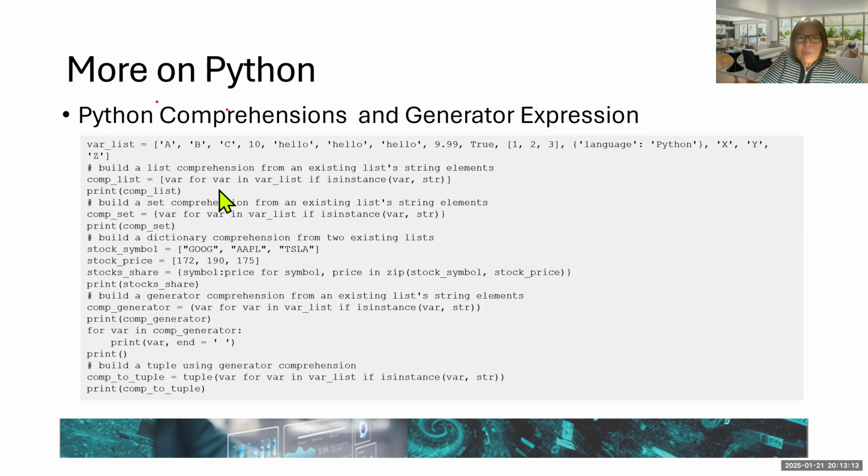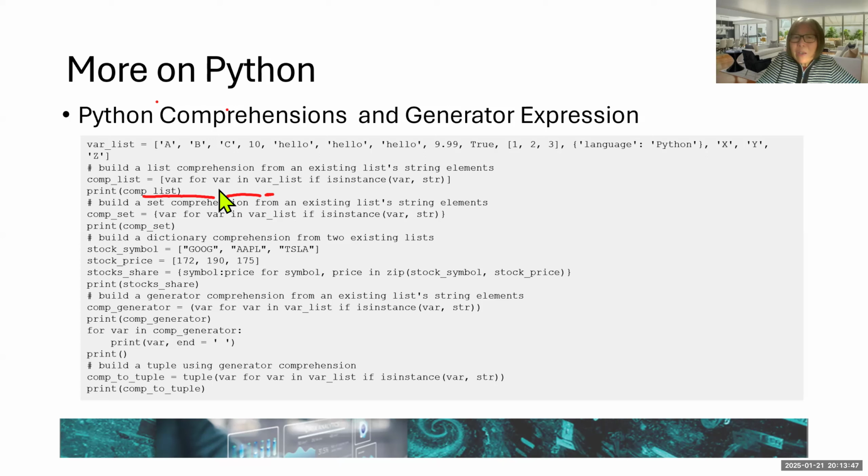In this case, you can take advantage of list comprehension. What you need to do is loop through the list. The condition is: if the item in the list, so variable in list, and this variable is a loop variable. It will take A, B, C, 10, hello, hello, hello, 9.9, one by one individually. Here isinstance is a Python function.